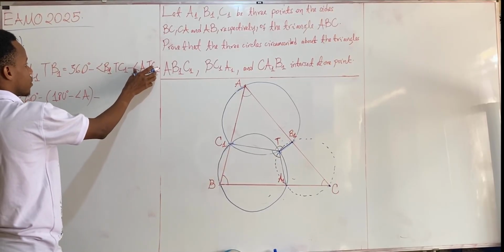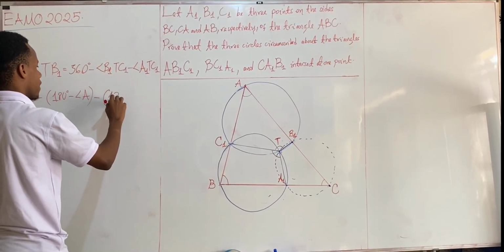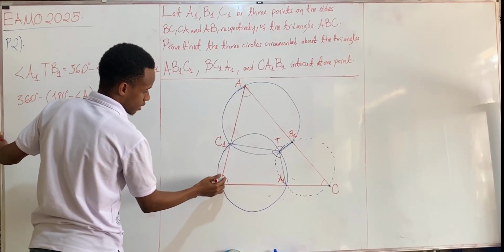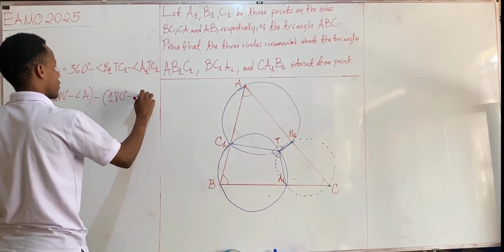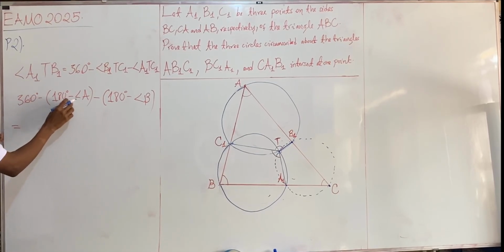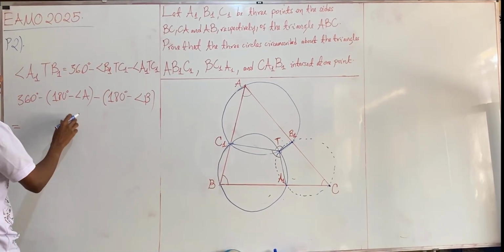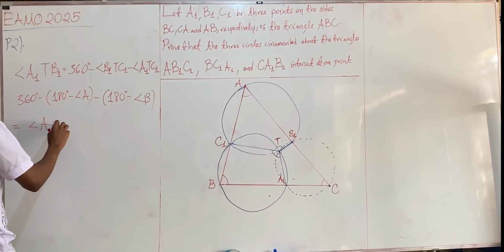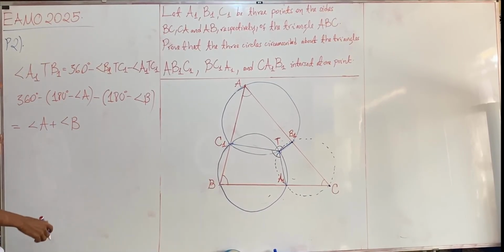And for this angle, I'll do the same, which is 180 minus its opposite angle, which is angle B. And so what we end up getting is 360 minus 180 minus 180. So they cancel out. What we are left with is the sum of angle A and angle B.